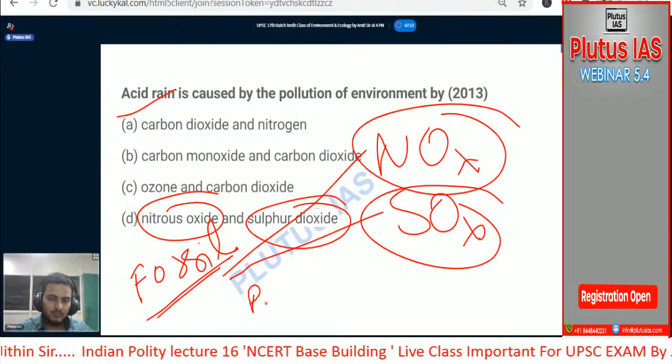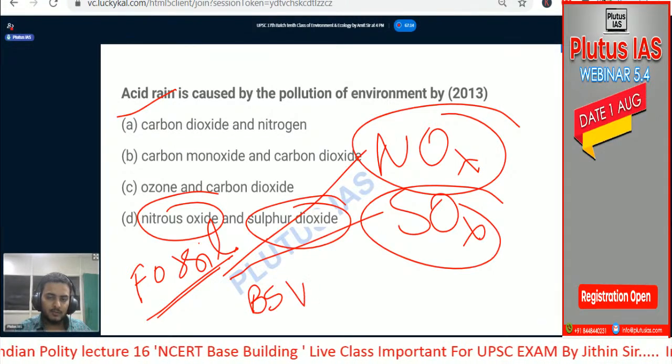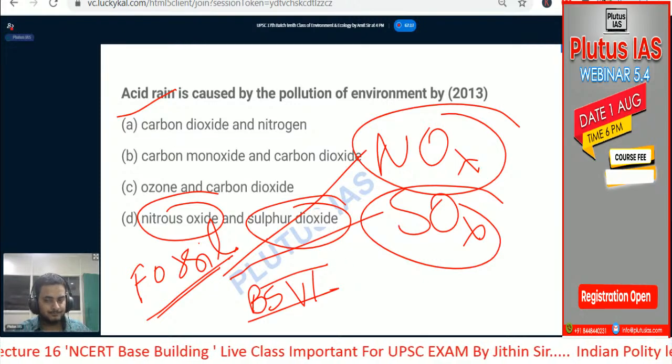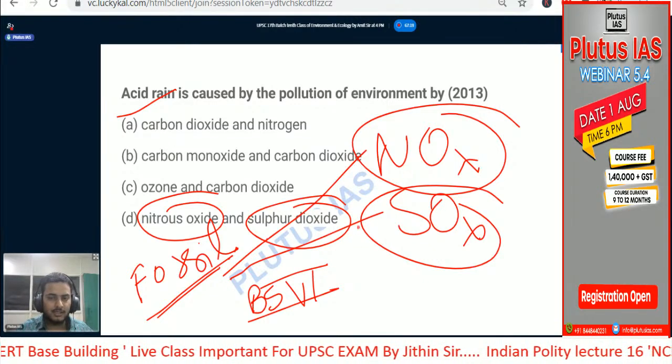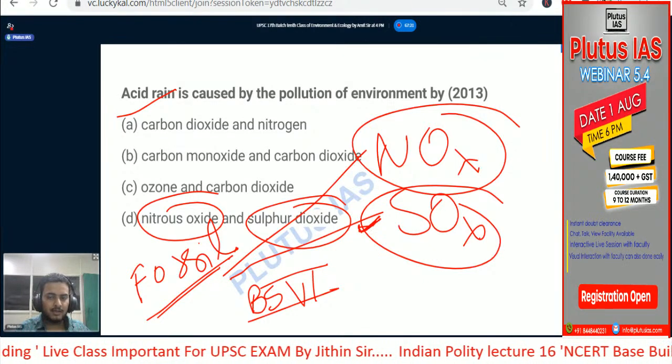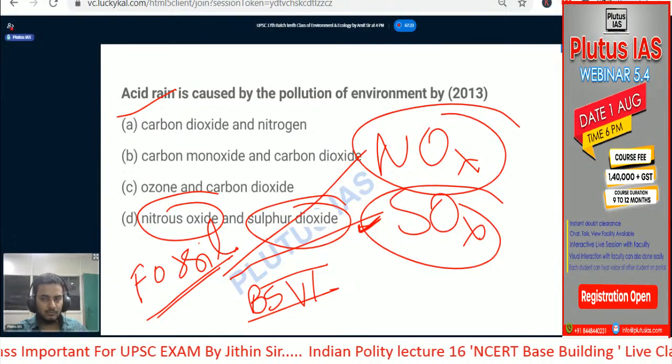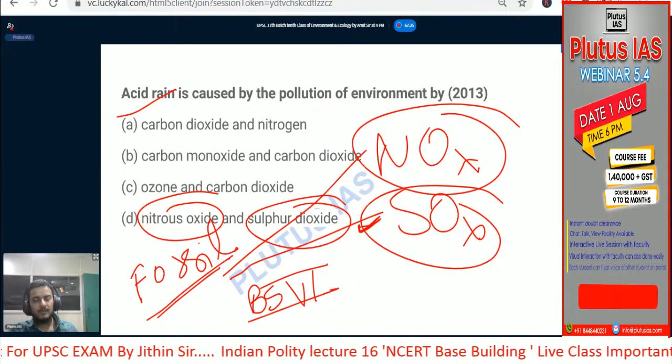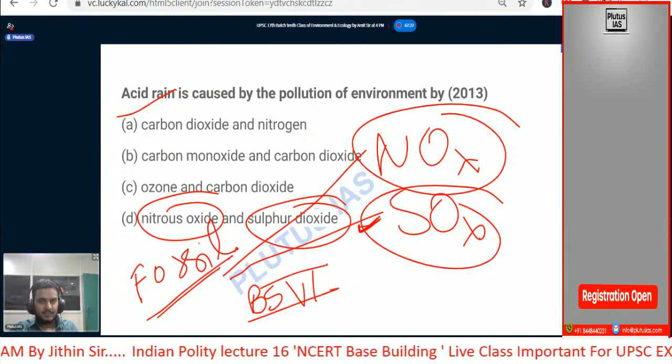And some of you might know about BS6. What is this BS6? And what has the sulfur content been reduced to? Has anyone read about this BS6?